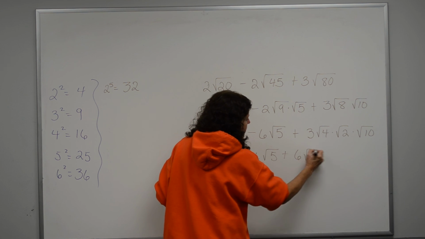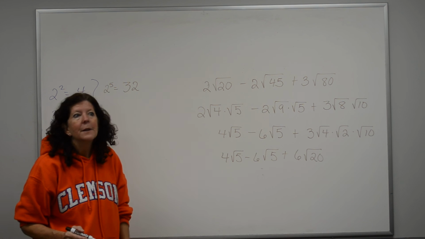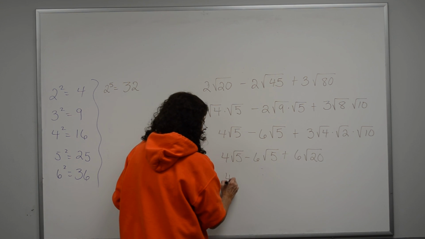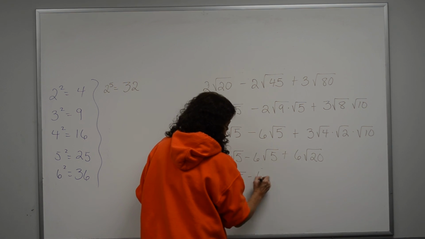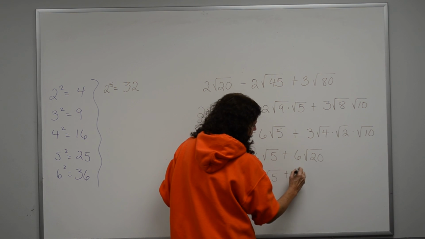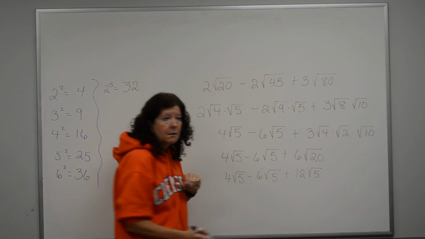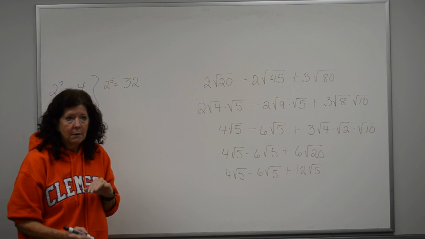So I have 6 on the square root of 20. Can I break 20 down? 5 and 4. Which I'm going to go ahead and just do that. So it's 12 on the square root of 5, right? Okay, you with me?